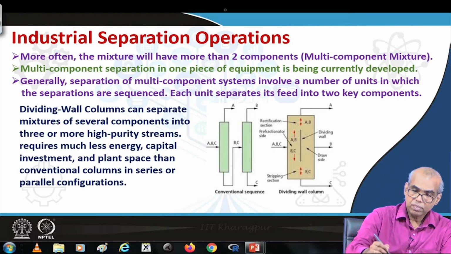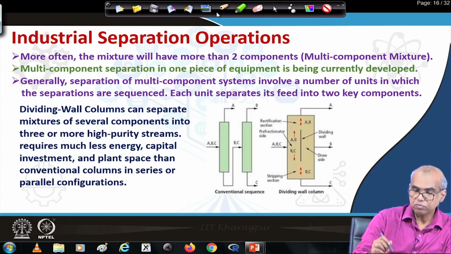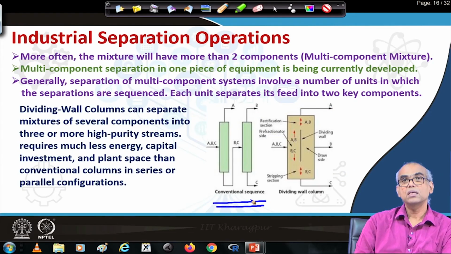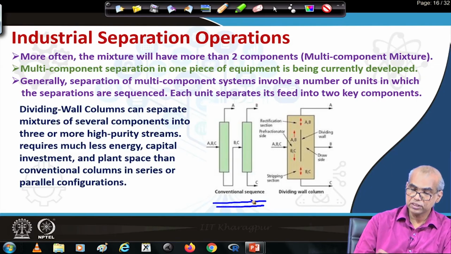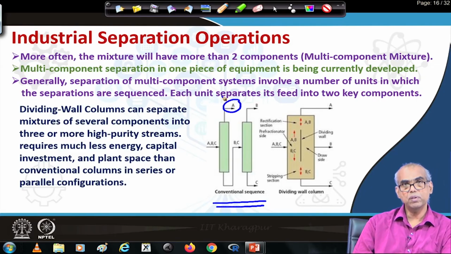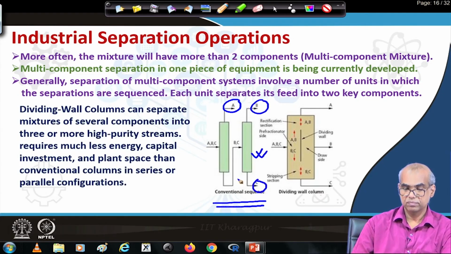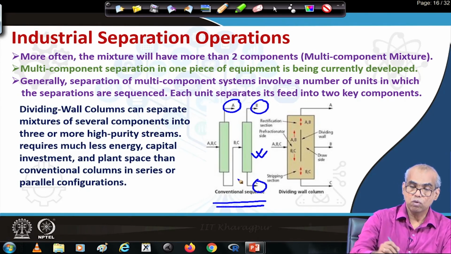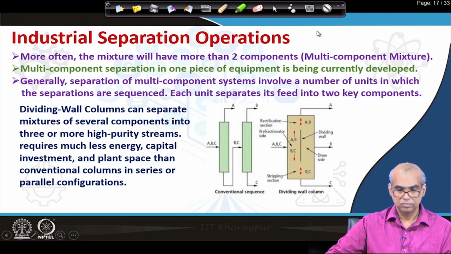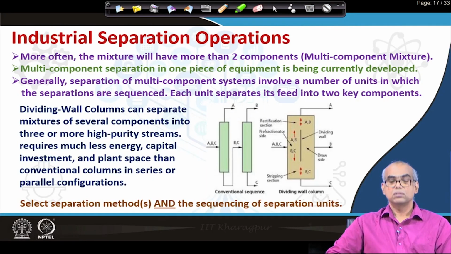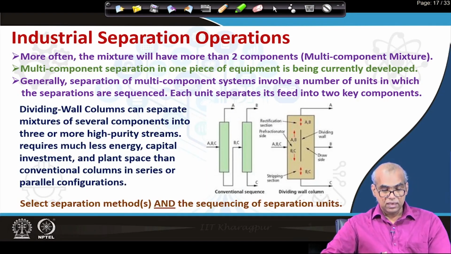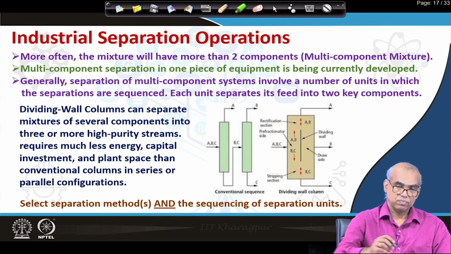For example, if I have a mixture of 3 components A, B and C, I will require 2 conventional distillation columns, where in the first distillation column I have separated A from the mixture, and B and C mostly go to the second distillation column as feed, where B and C are separated. So, this is how it is commonly done. So, we need to select the separation method as well as the sequencing of separation units.